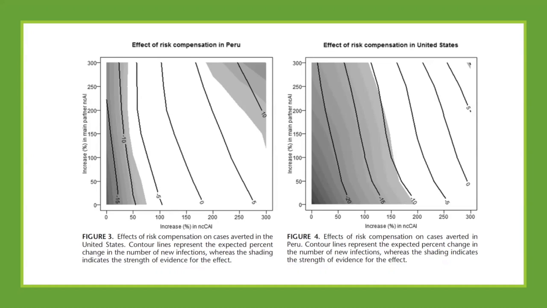That's in the US. Peru, it was a lot more sensitive, but this is still up to a 50% increase in casual activity, which is actually quite a large increase. This may have been overkill. We're still looking at probably something like a 10% decrease.